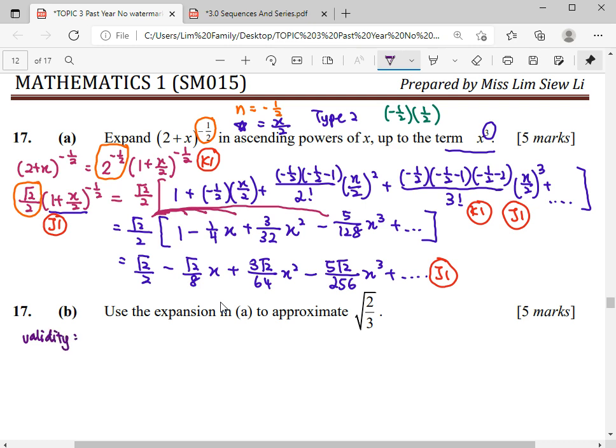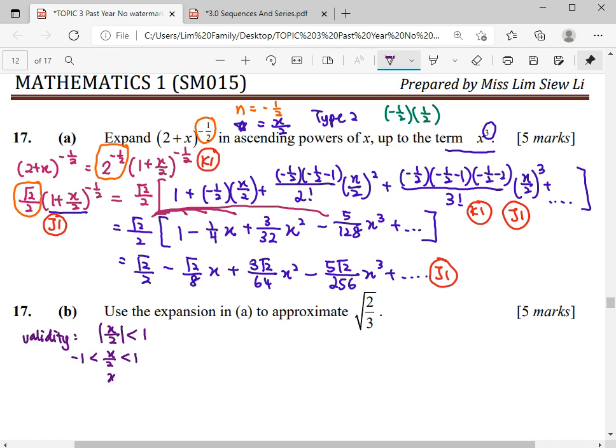we will refer to the thing we expand. What is our star? Our star here is x over 2. So the modulus of x over 2 has to be less than 1. How do we simplify this? We can open our modulus. In chapter 2, this is simply x less than 1 and greater than negative 1.